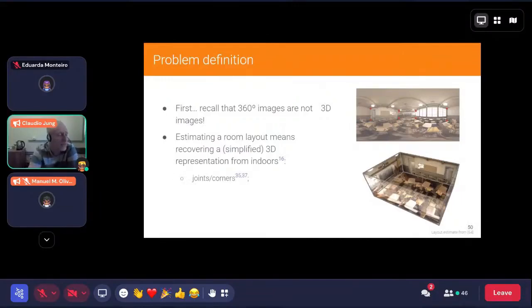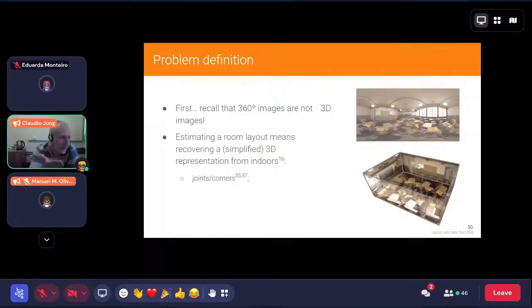So what kind of information is required? Basically, you want to find lines that connect orthogonal walls or walls and floors and ceilings, which relate to joints and corners in the image. You can see the red dots on the top images are the corners that connect the four walls in the scene to both the ceiling and the floor.